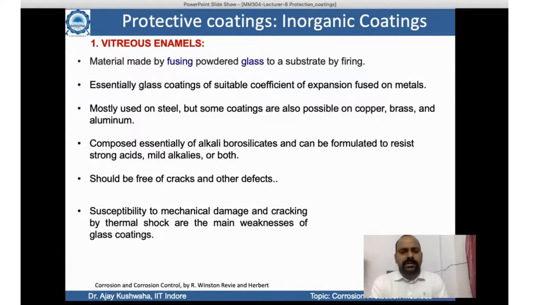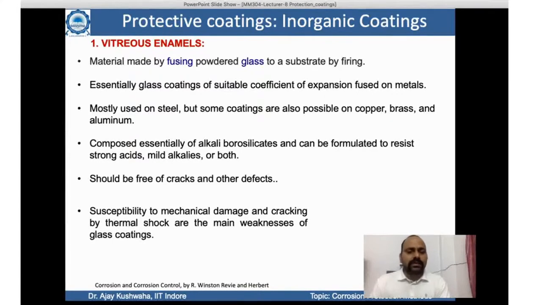It has very good resistance to acid, and also mild resistance to alkalis or higher pH. But the issue is there should not be any crack or other defect, otherwise it's not going to work that well. Susceptibility to mechanical damage and cracking by thermal shock are the main weaknesses of the glass coating.